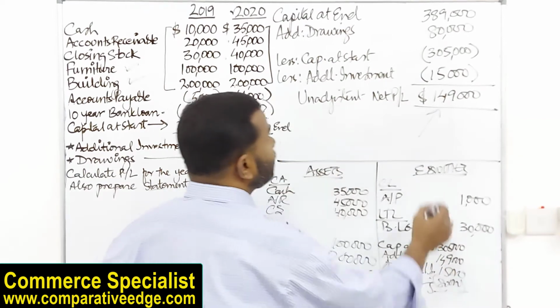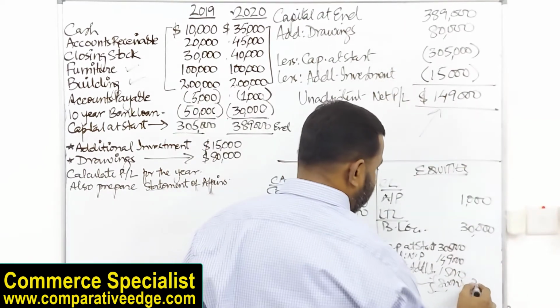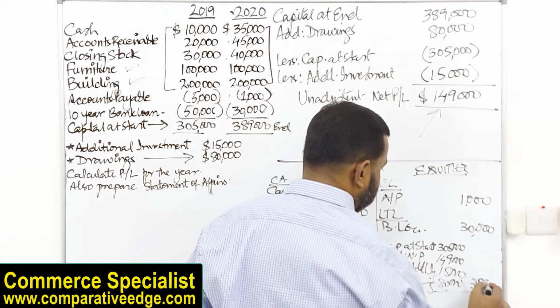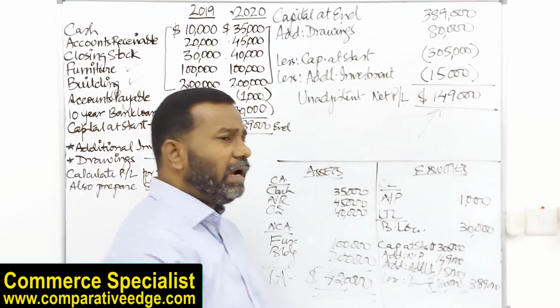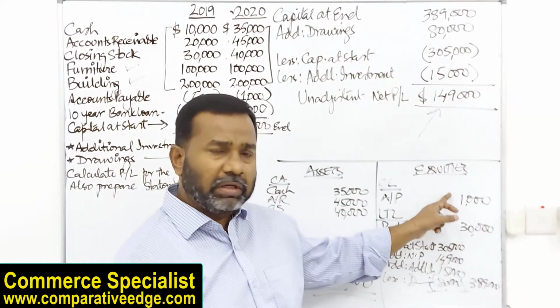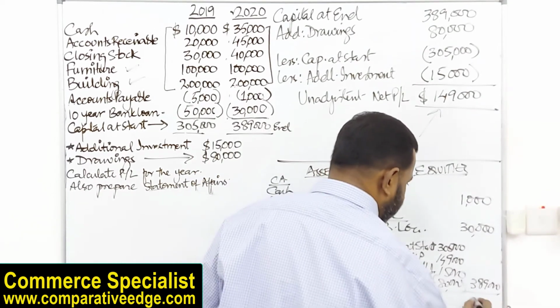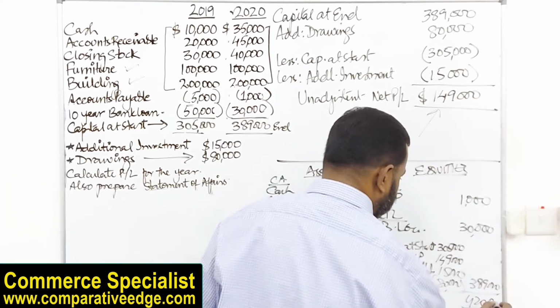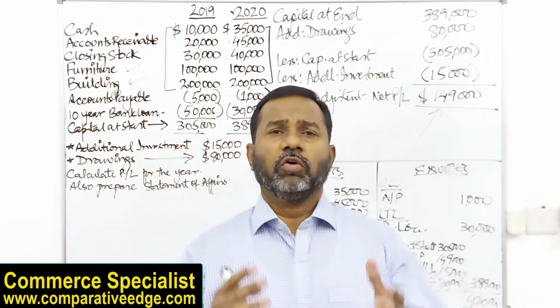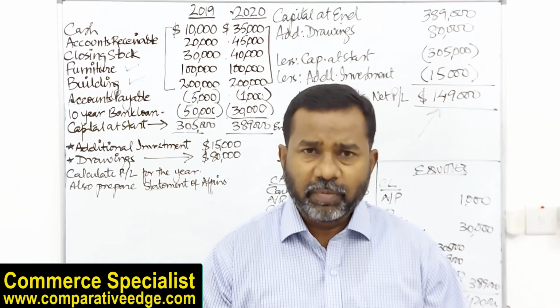If you do all this, you will get capital at end, which is 389. And when you add all these figures, current liability, long-term liability, and capital at end, you should be getting 420 total equities. So guys, I hope you have understood this topic of single entry.